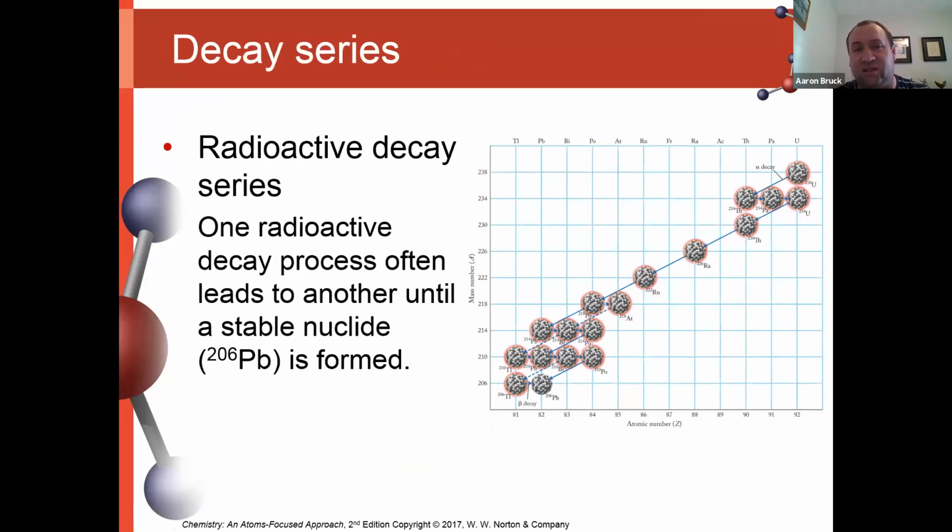What we usually see is that these occur in a series of decays.